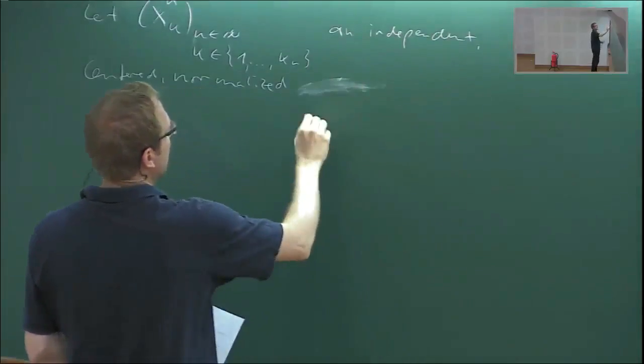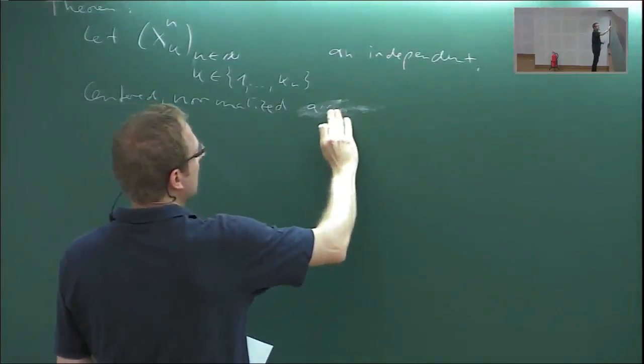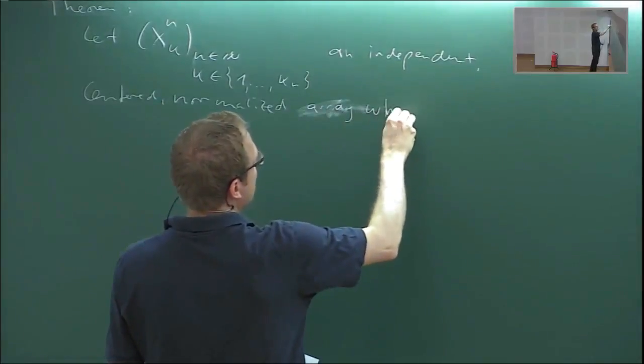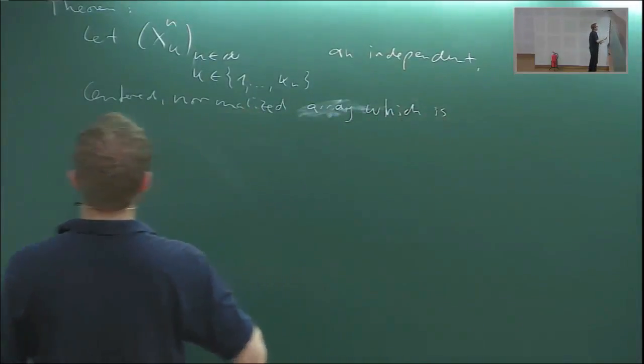A null array is an array which is asymptotically negligible.